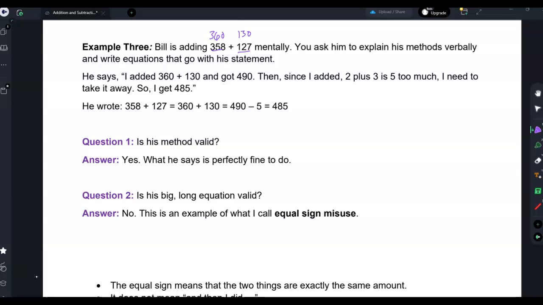So if you look at this, 358 plus 127, we know that that equals 485, right? But not all of these equal signs that we're seeing here are true.